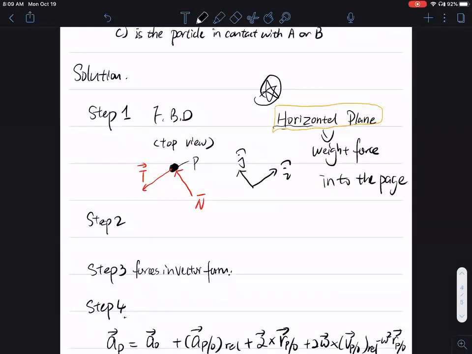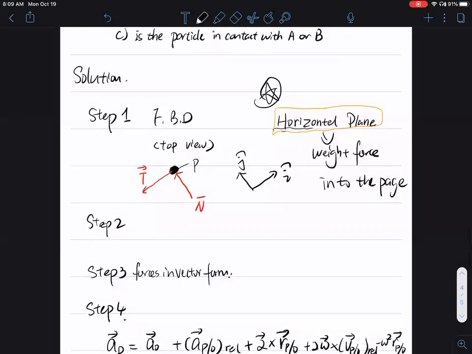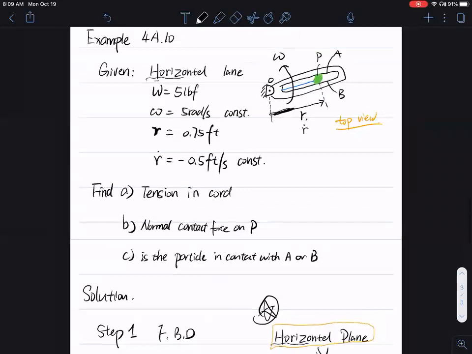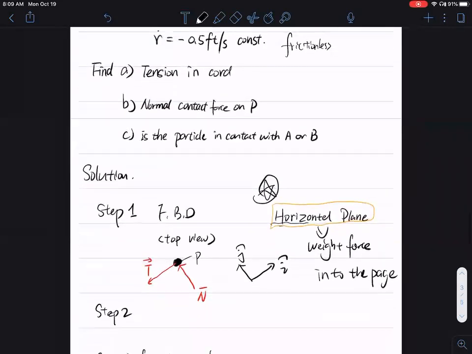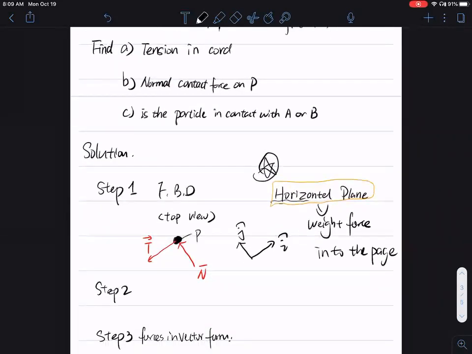Interesting. Yeah, if you look at this free body diagram, how come we only have 2 forces? Yeah, we know the weight force is going into the page. This problem should tell you this is frictionless. So we don't have any friction. We don't consider any friction here.